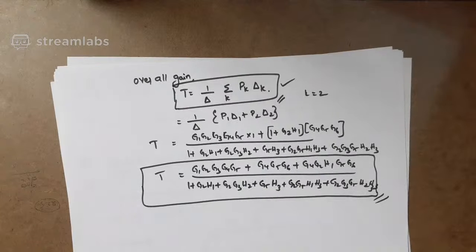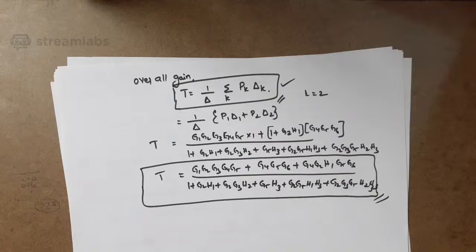G1 G2 G3 G4 G5 plus G4 G5 G6 plus G2 G4 G5 G6 H1, by 1 plus G2 H1 plus G2 G3 H2 plus G5 H3 plus G2 G5 H1 H3 plus G2 G3 G5 H2 H3. This is the overall transfer function of the system.